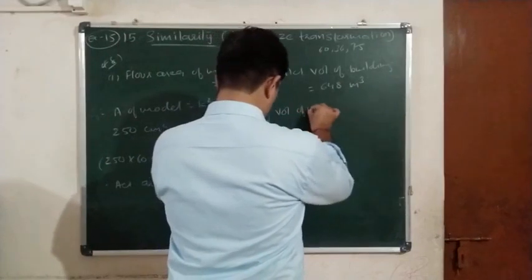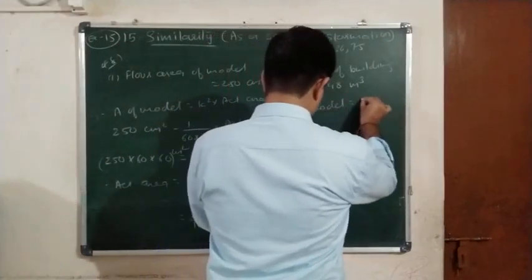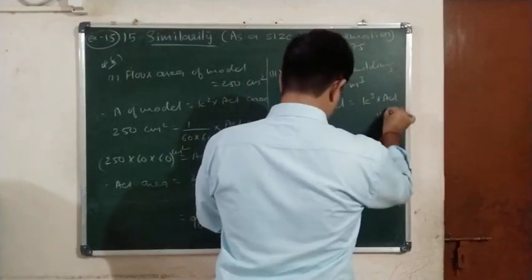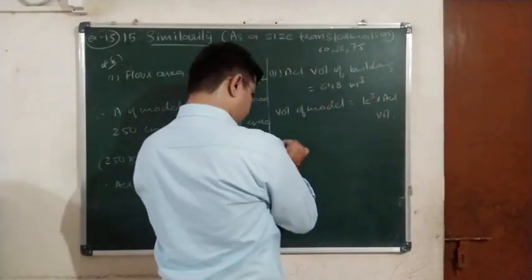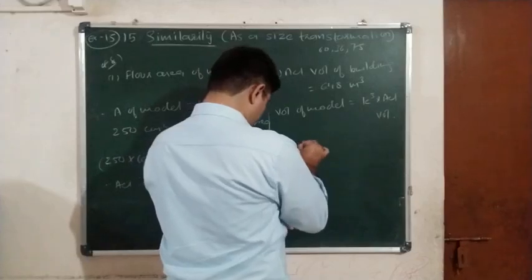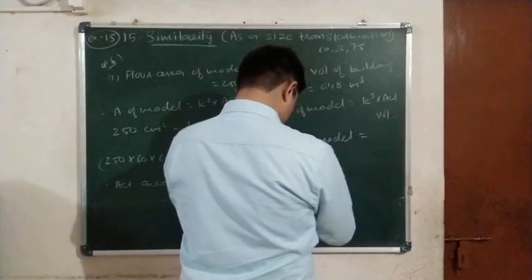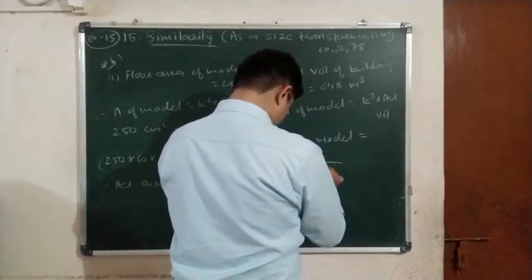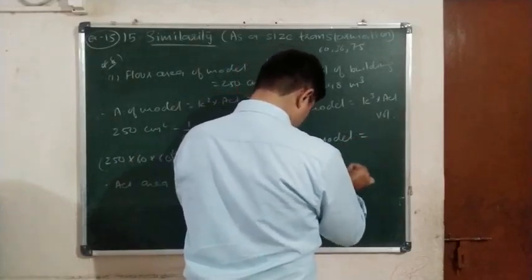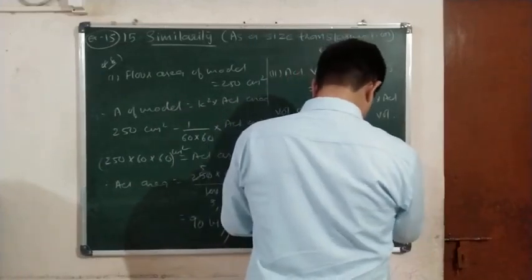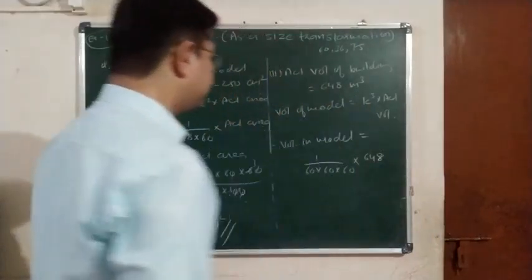Volume of model is equal to k cube into actual volume, that is 1 upon 60 into 60 into 60, times actual volume 648.